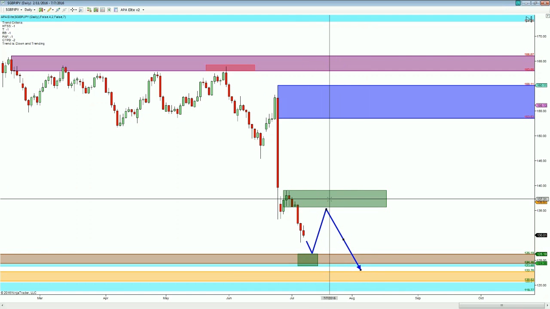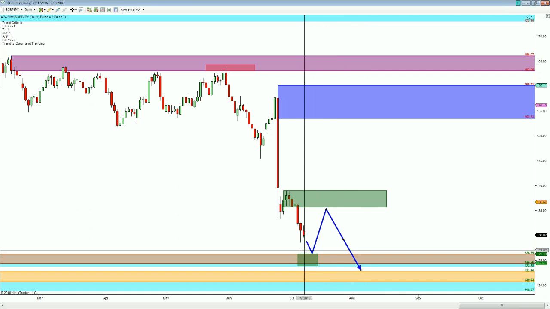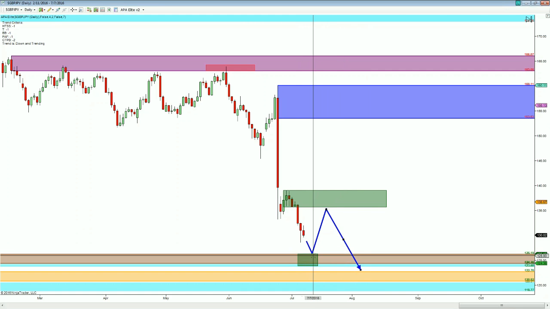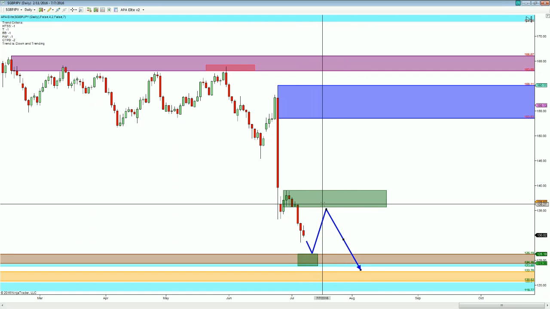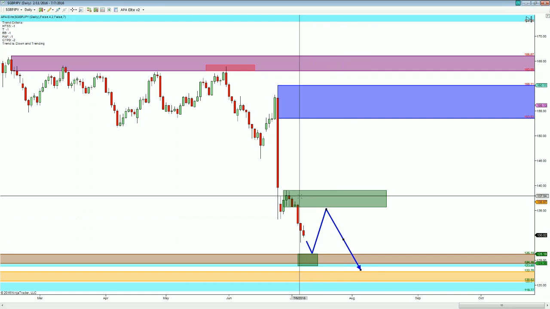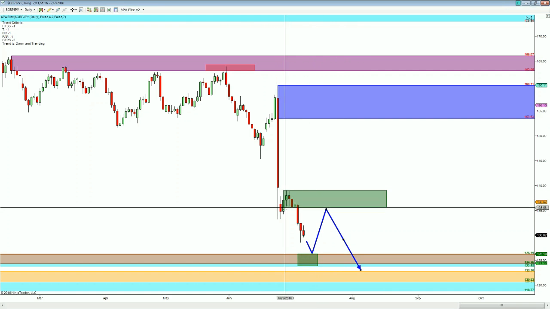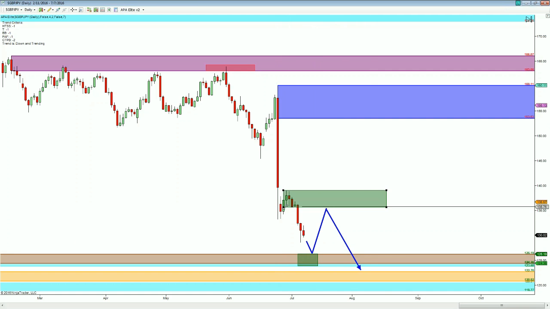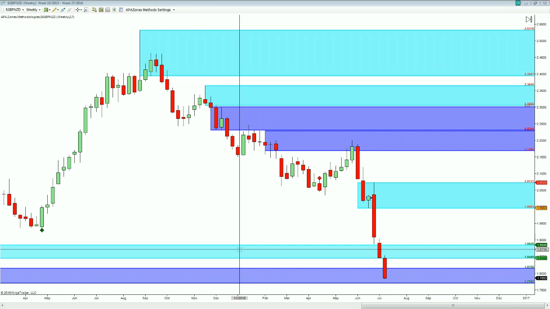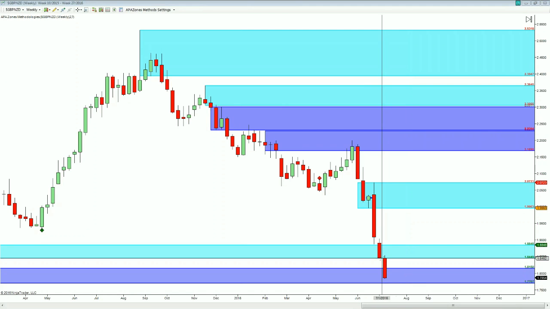All right, but that's what I would be looking for here over the next week: continuation to the downside, and then a bounce off of this level right here that I drew in manually, and then continuation to the downside. Moving over to the pound Kiwi, or pound New Zealand dollar, we can see that we have a new low here on the weekly chart.